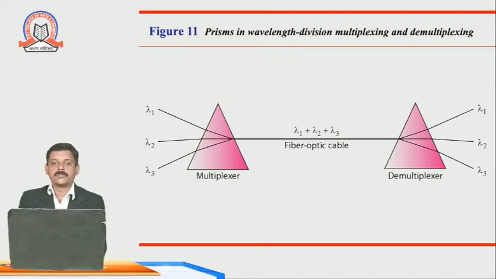We have considered three laser signals, lambda 1, lambda 2, lambda 3, and they are merged just like a fiber optic cable carries each and every signal. At the demultiplexer end, another prism, which is nothing but a demultiplexer in our case, separates the rays coming from the multiplexer.